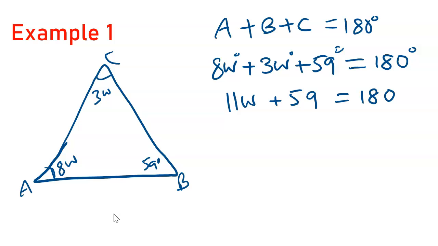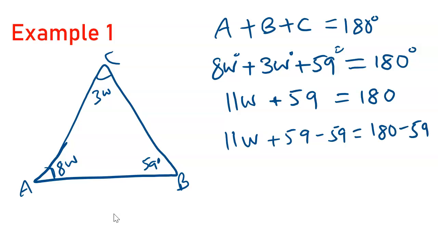So we have to solve this equation. Because we have plus 59 here, we subtract 59 degrees from both sides of the equation. 11W plus 59 minus 59 is equal to 180 minus 59.